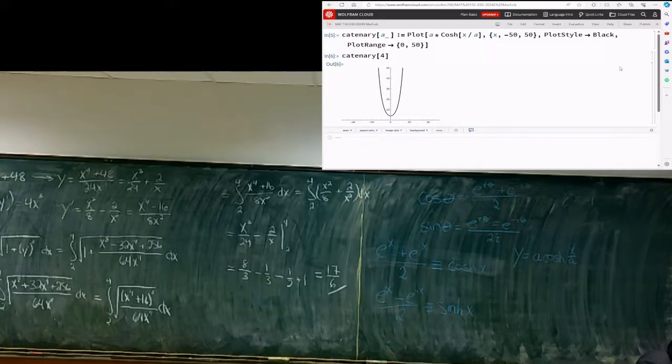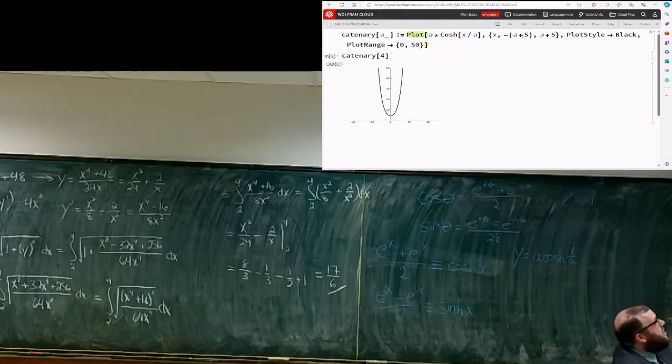So what I'm going to do now is go back to here, but I don't want it to be A. Let's just make it 5 units away from A, on either side.